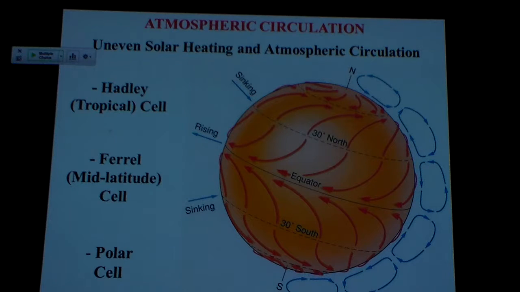Because what we see happening is this air rises at the equator and starts spreading out north and south. It starts cooling off pretty quickly. And it just doesn't get anywhere near the pole before it's cold enough that it starts to sink back to Earth. In fact, it only gets up to about the 30th parallel, 30th latitude, north and south.